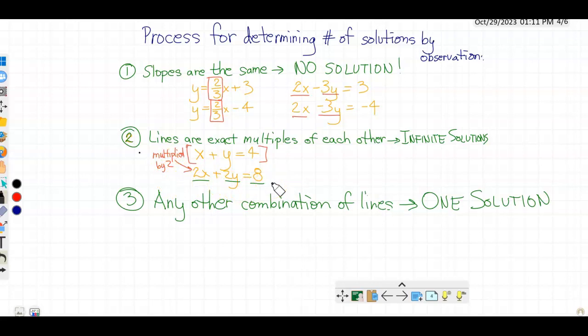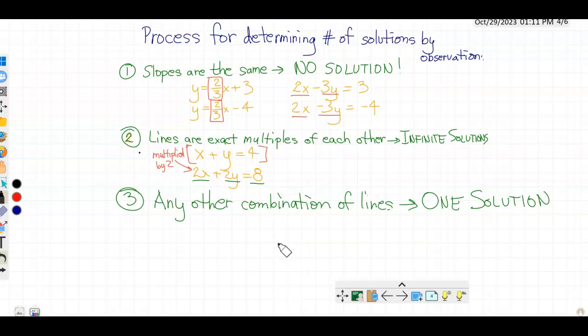That means that the lines are actually the same line. So it's infinitely many solutions. Any point that is on one of these lines is going to be on the other. Okay? Any other combination of lines is going to be one solution.